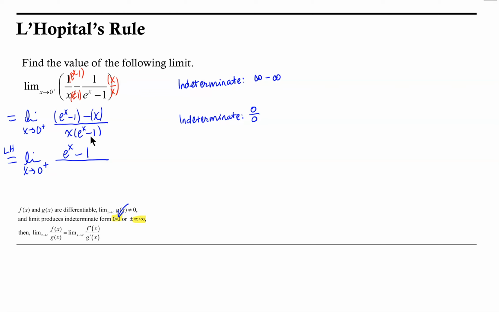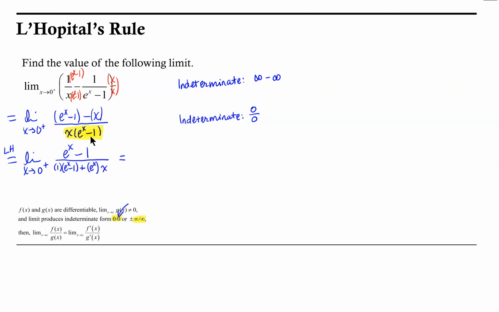Now in my denominator, I'm going to have to find its derivative, but to find the derivative of my denominator, I'm going to have to use the product rule. So the derivative of x is 1 times e to the x minus 1, so derivative of the first factor times the second, plus the derivative of the second factor, e to the x, times the first.